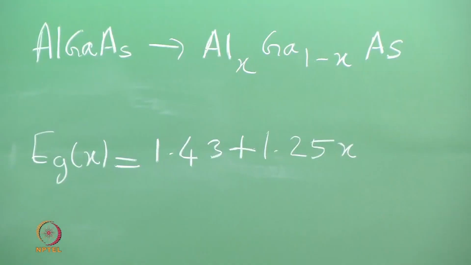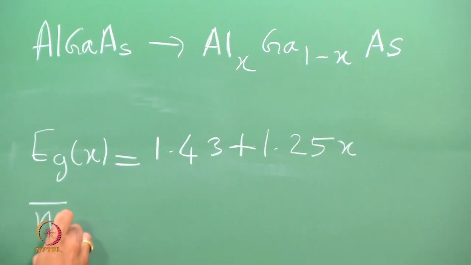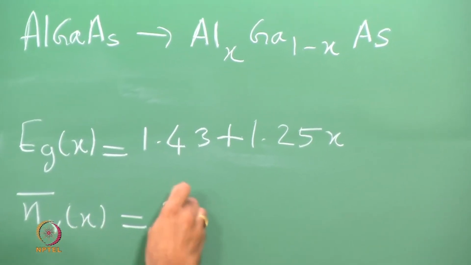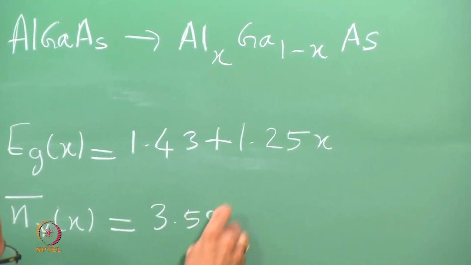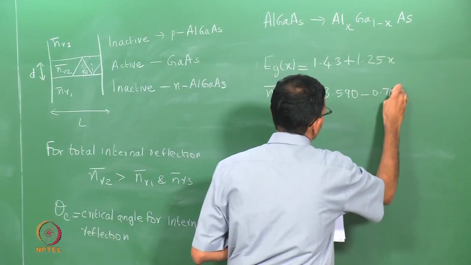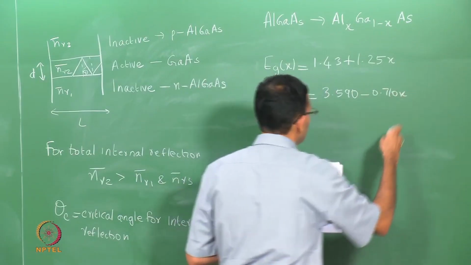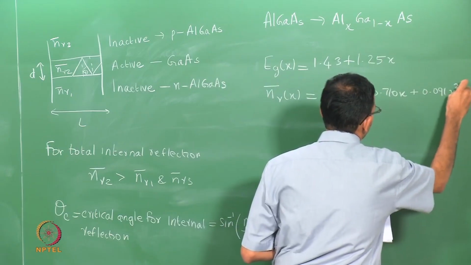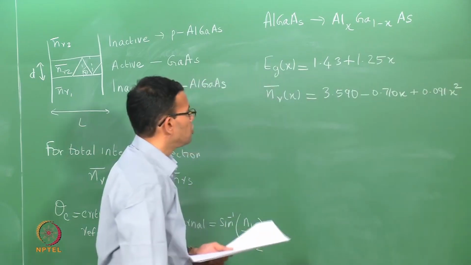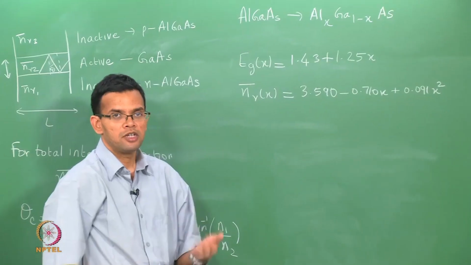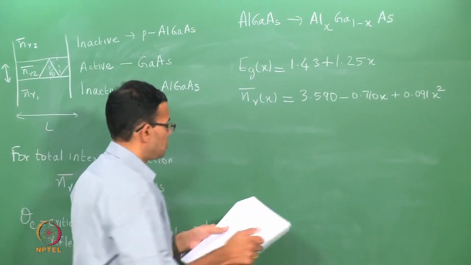Similarly, the refractive index also depends upon the value of X. So, this gives a refractive index that is lower than that of gallium arsenide, so that you can have total internal reflection.